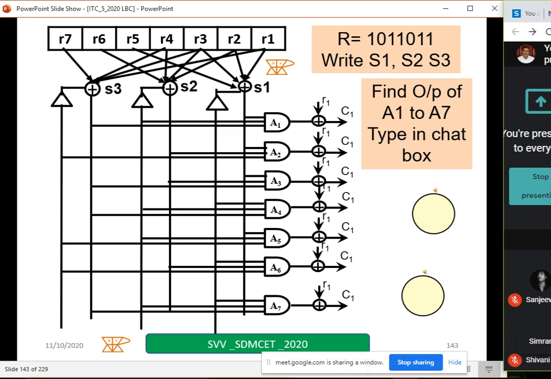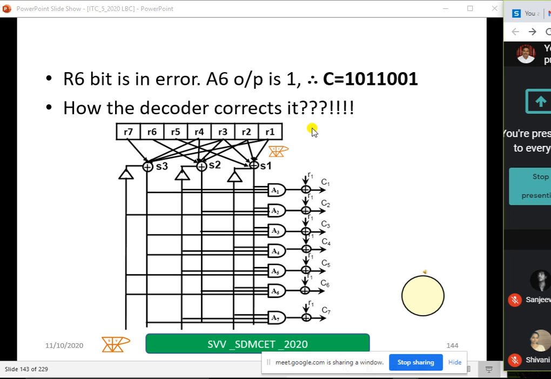Is the screen visible to you now? It was not working earlier. Okay, thank you, Abhishek. So now let me show you the answers. We have discussed just now.